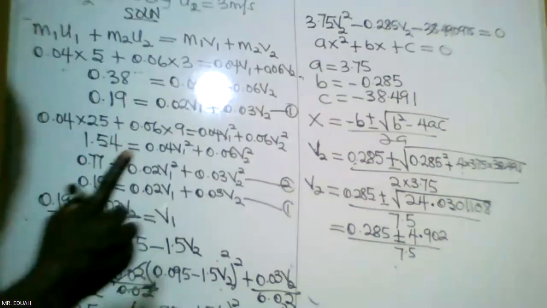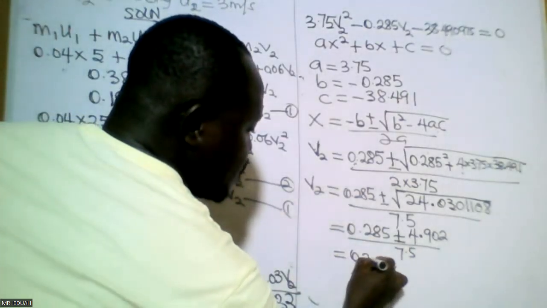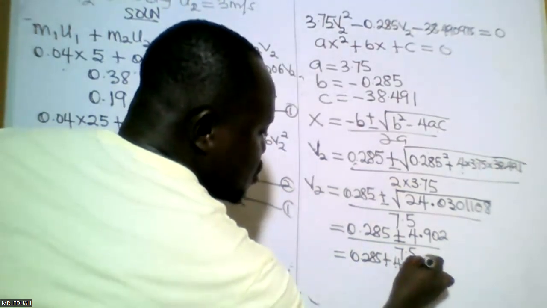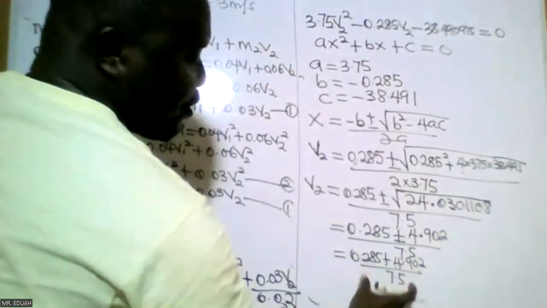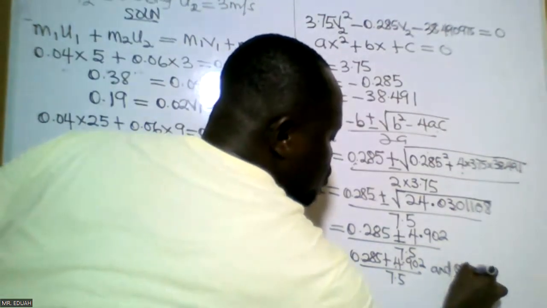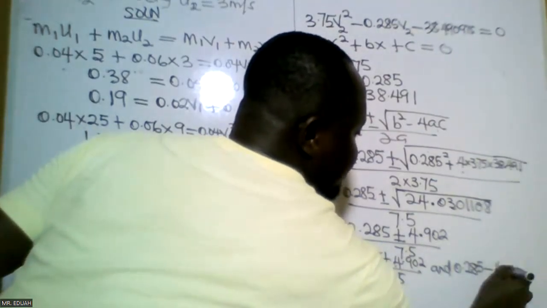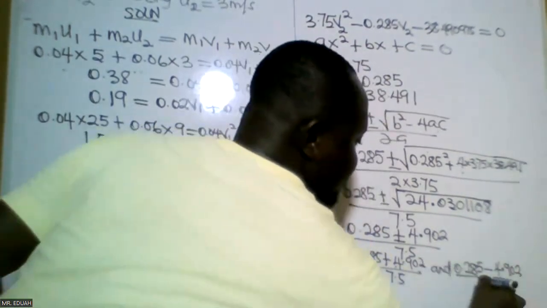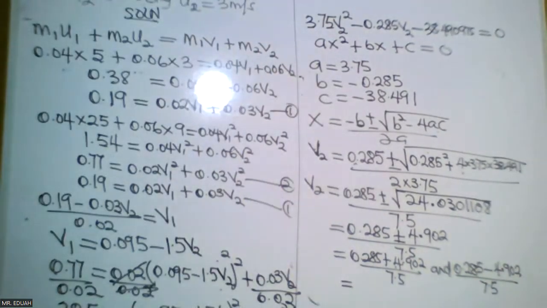So we'll have two answers: 0.285 plus 4.902 divided by 7.5, and 0.285 minus 4.902 over 7.5. These are the two possible answers we can get for V2.